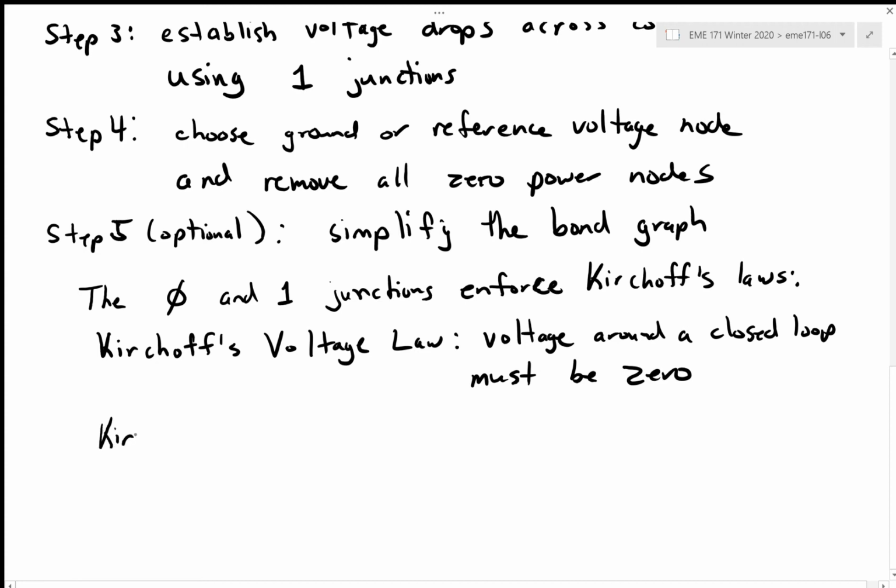And then similarly, Kirchhoff's current law is that the sum of the currents at junctions must be 0.